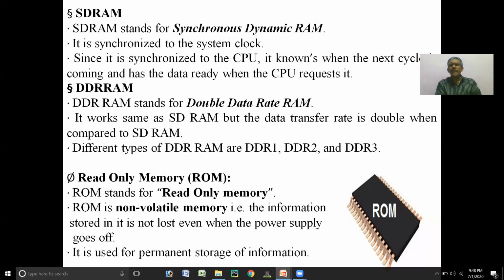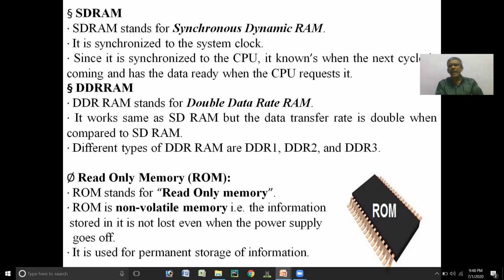Since it is synchronized to the CPU, that is, it is equal to the CPU speed, it knows when the next cycle is coming and has the data ready when the CPU requests it. It means this SDRAM speed is high. Due to that reason, it knows which is the next instruction to be processed in the CPU, which is the next instruction the CPU may request. That will be known by this RAM.